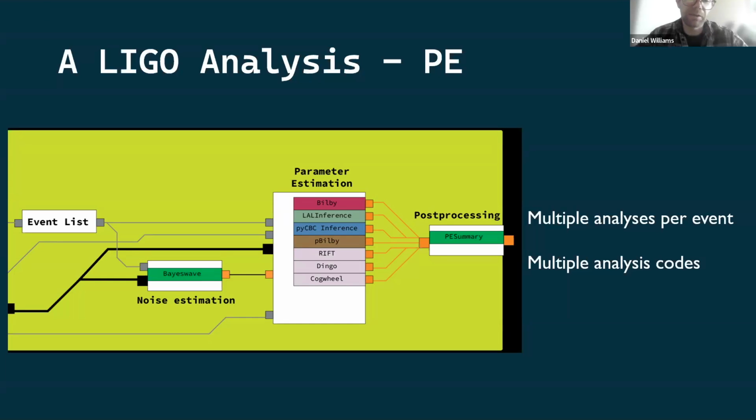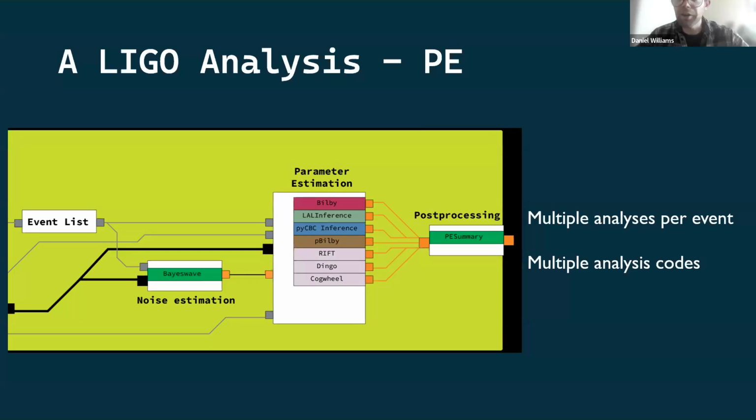And we have a specific tool which we use to do that. So I'm going to talk about BayesWave, the tool which does this, Bilby, which is the most widely used of our parameter estimation codes at the moment, and then how we do the post-processing, so how we actually produce the results.